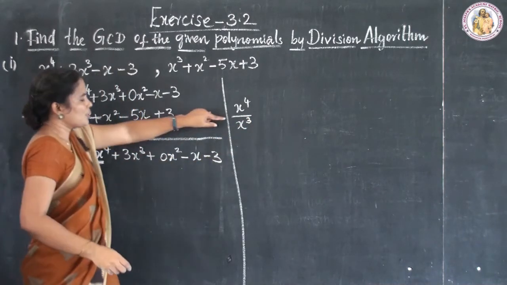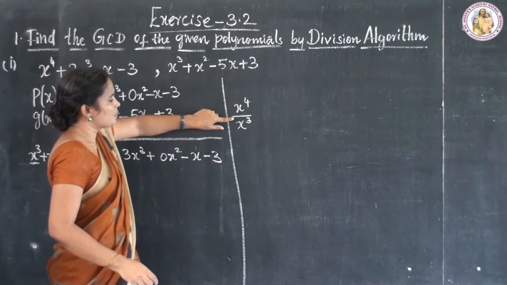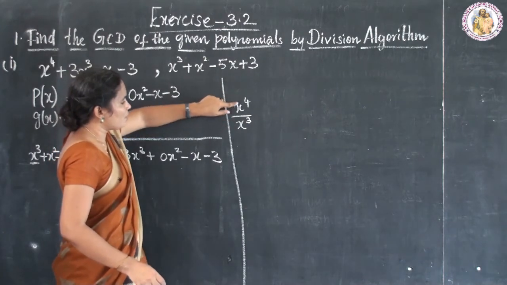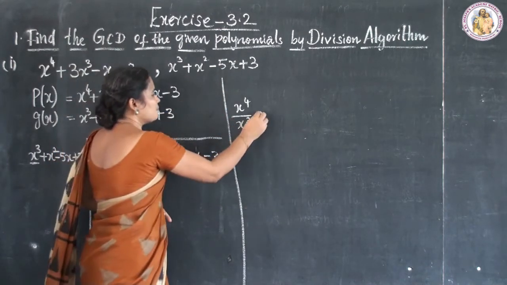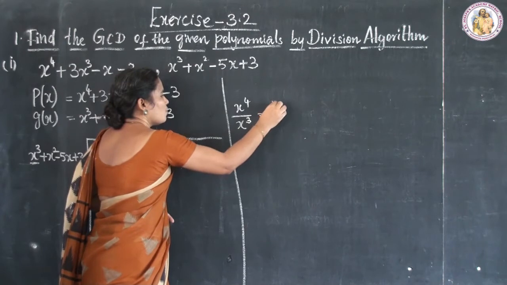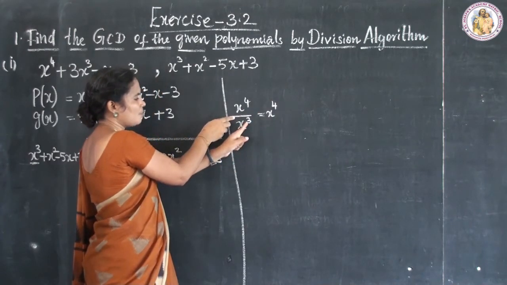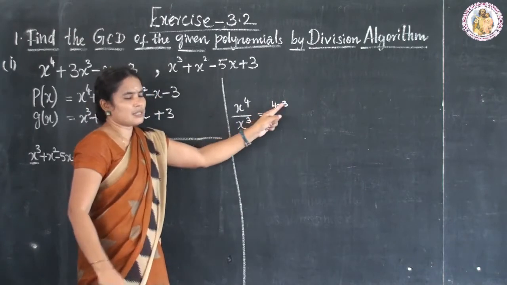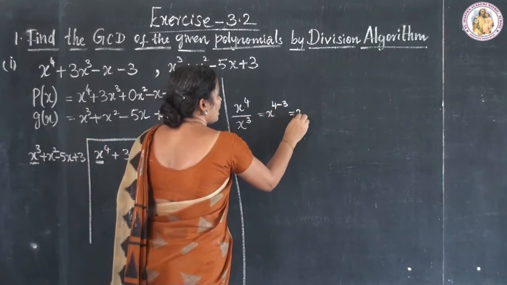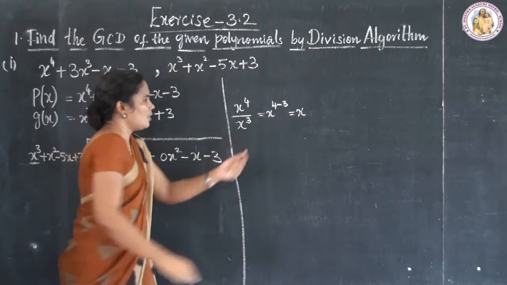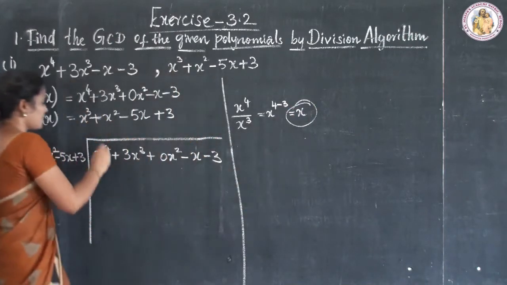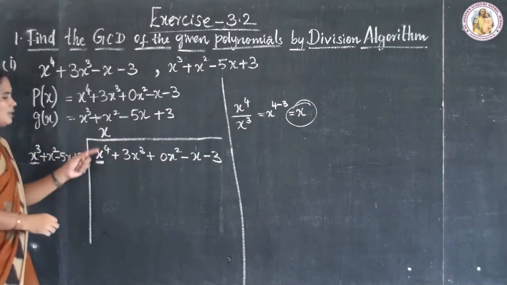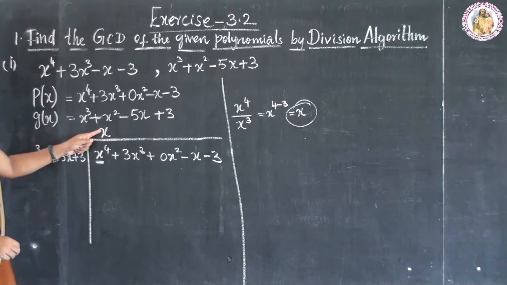As you know, according to the law of exponents, x to the power of 4 divided by x cube, in division the powers will be subtracted. x to the power of 4 minus 3 is x. Now write this x as a quotient.